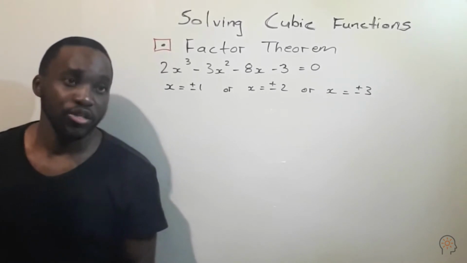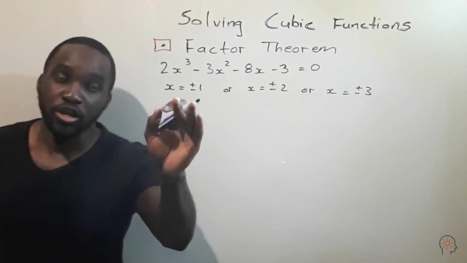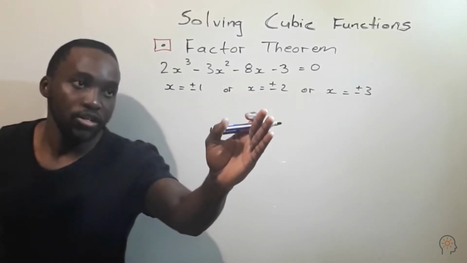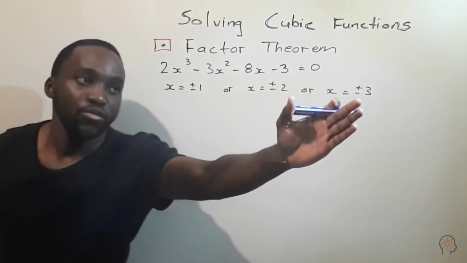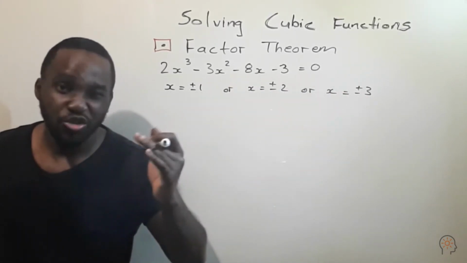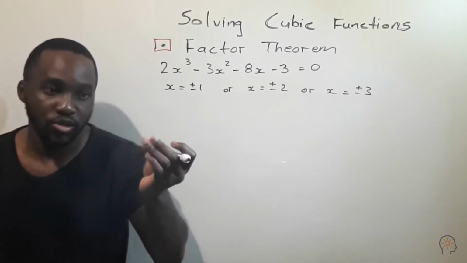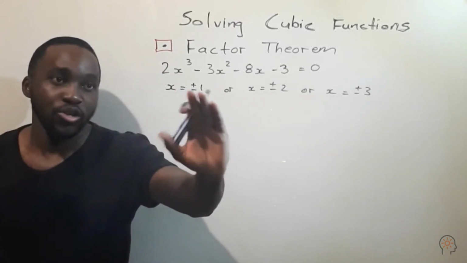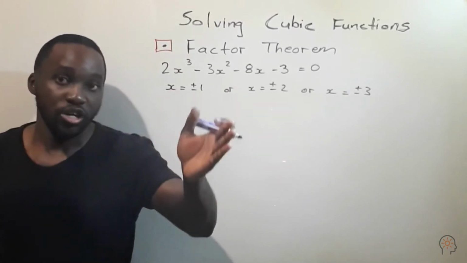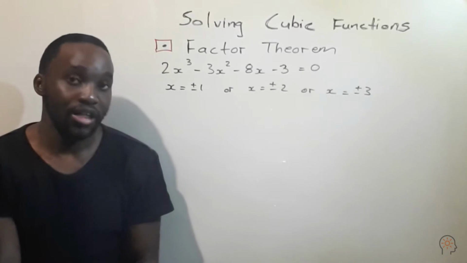If you're going to use trial and error, test out positive or negative 1, then move on to positive or negative 2, and then positive or negative 3. If it's not one of these, double check if you have written your question correctly, because for grade 12, you will always have cases where you can use trial and error first to get your first solution, and then use that one solution to get your other solutions.